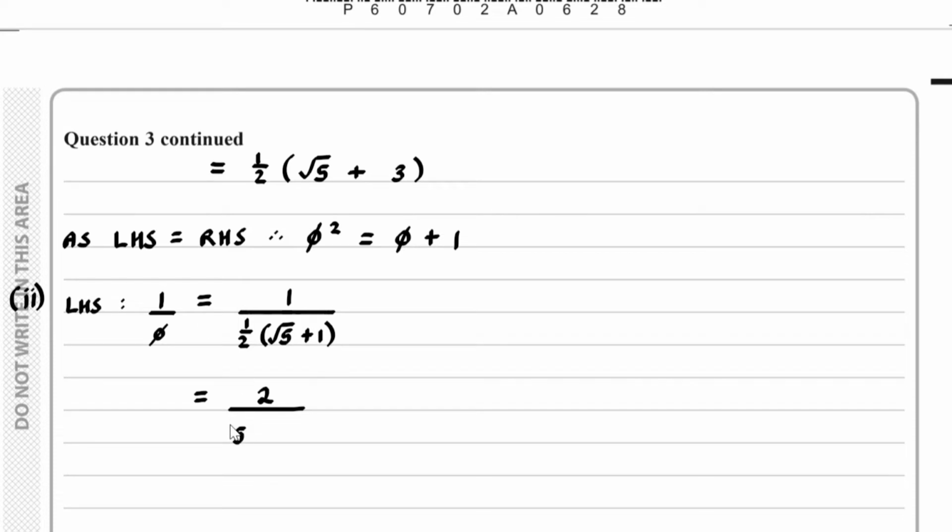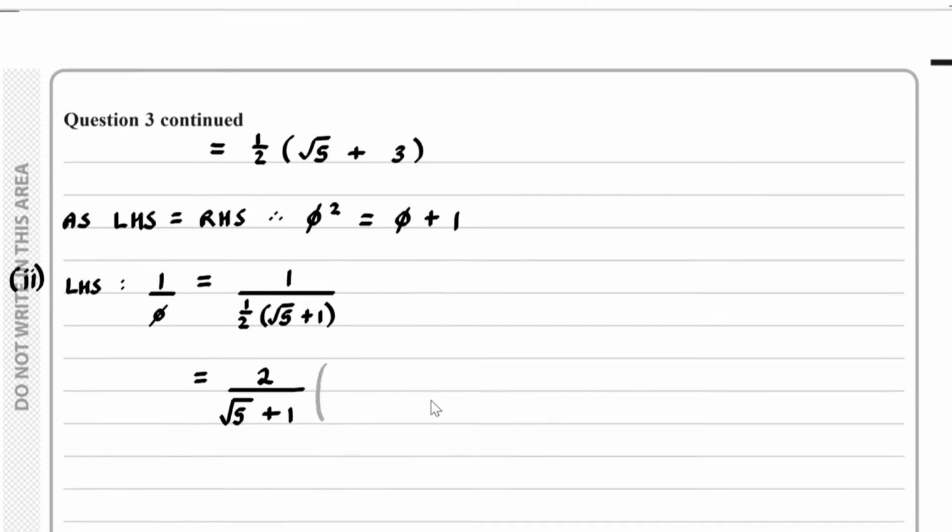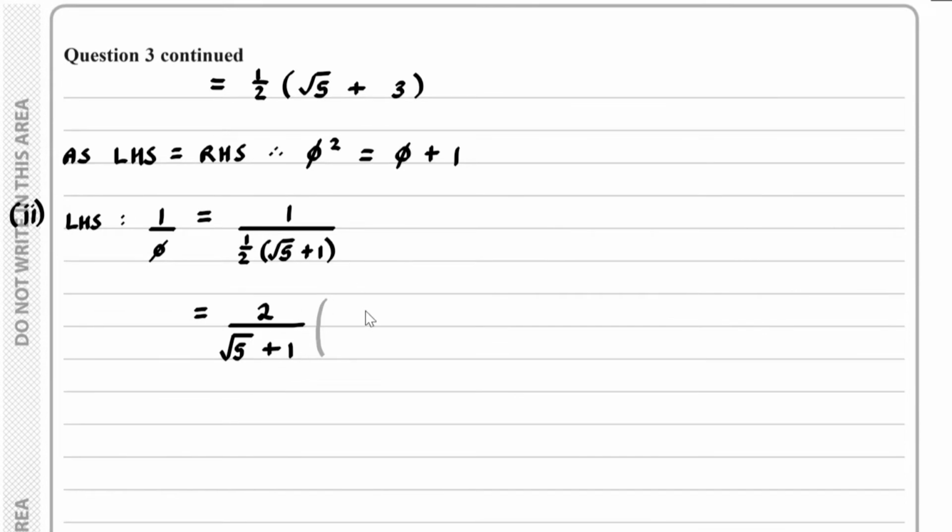root 5 plus 1. And now what we can do is multiply the top and bottom by the conjugate of the bottom. We rationalize, so we multiply the top and bottom by root 5 minus 1. It's as though we are multiplying by 1.